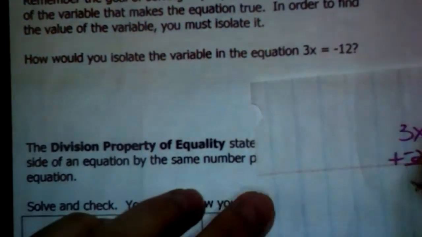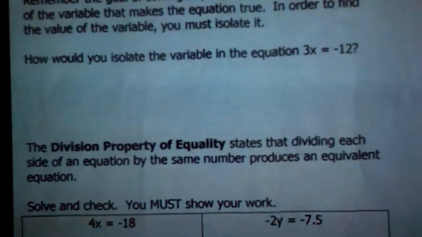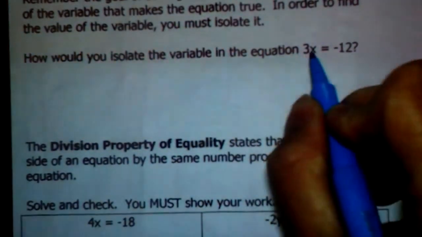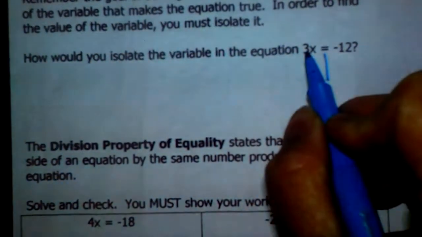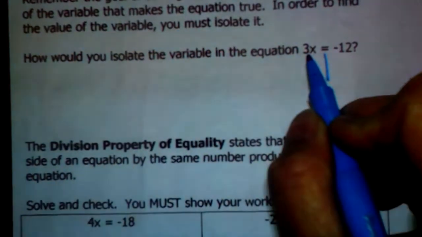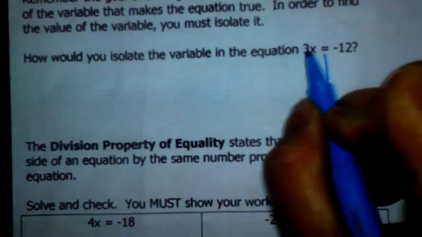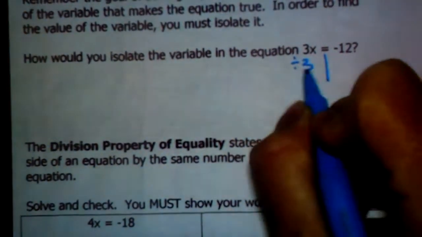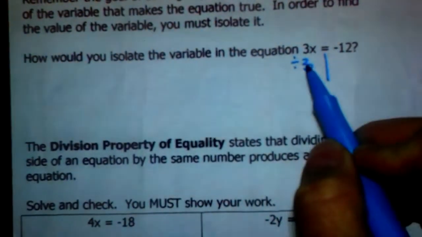All right, another way, and now you can write on your paper, because I'm going to tell you the correct way. Another way to get x by itself without creating more x's: just divide by the coefficient of the letter x. So 3x, if I divide this by 3, what's 3 divided by 3?